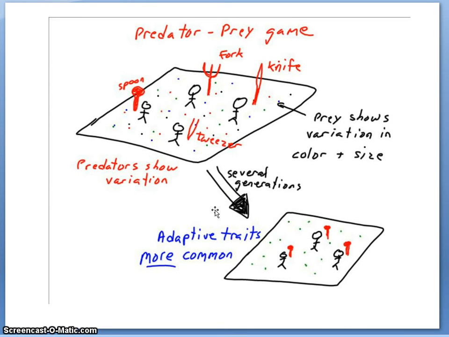And over time, there will be more and more individuals with that trait as the survivors with that trait reproduce and populate the next generation. Likewise, the seeds that are hardest to capture by predators are going to be the most numerous and have more babies. And so they will come to dominate the population after several generations.